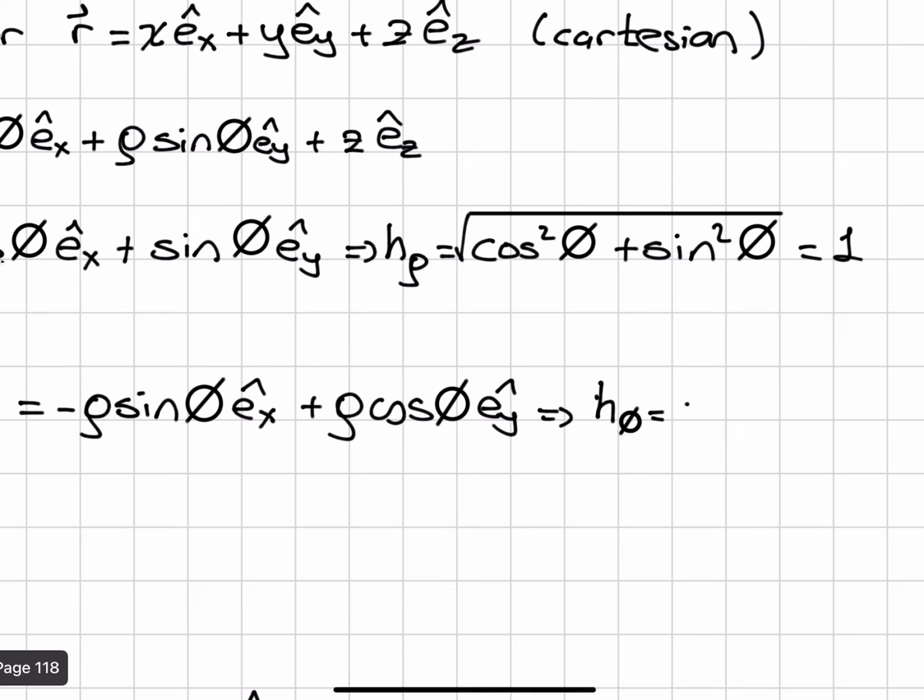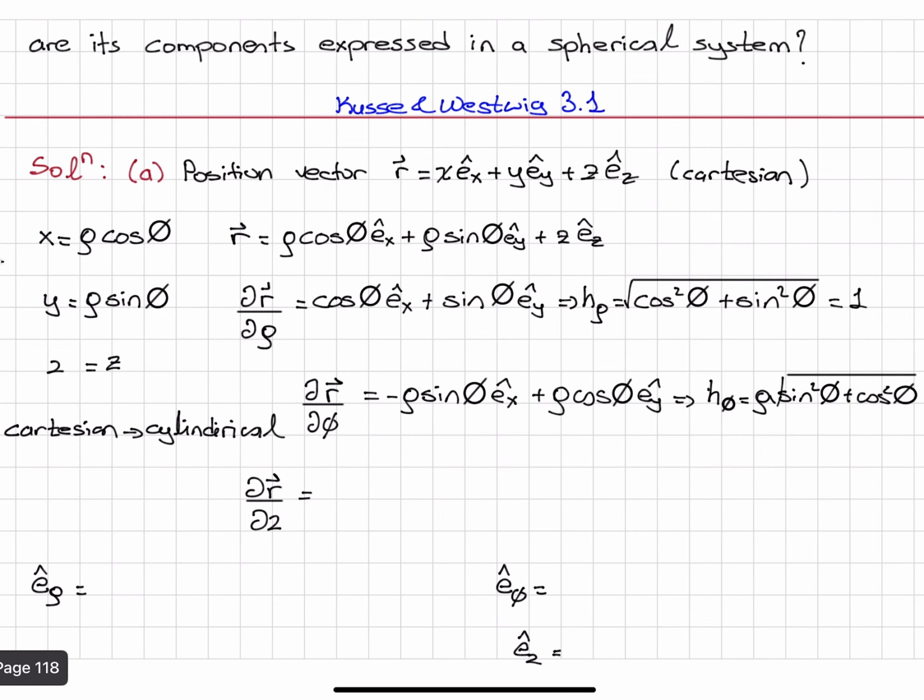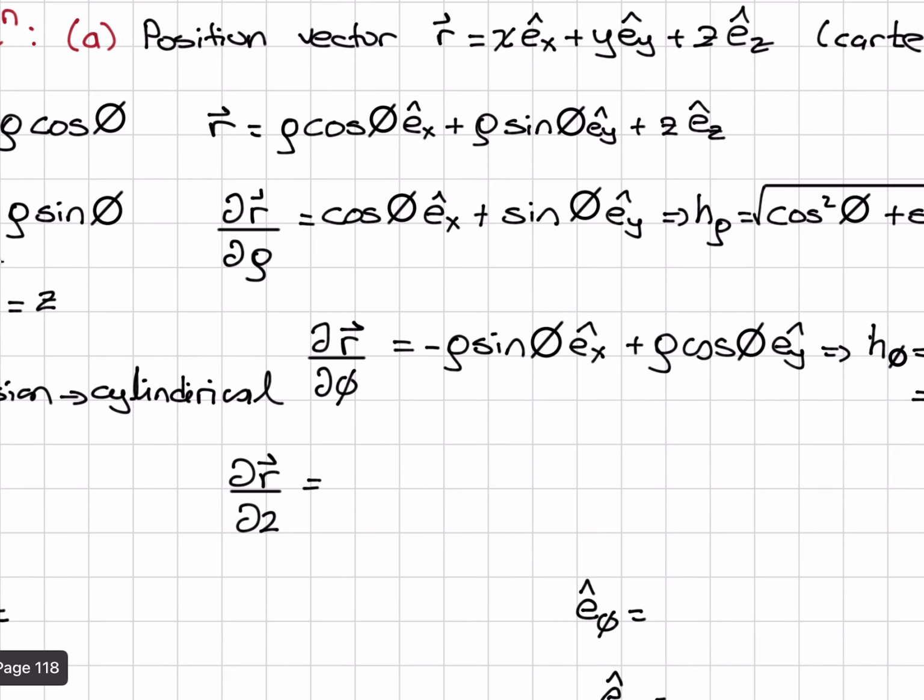That is rho times the square root of sine square phi plus cosine square phi, which is again 1. So this scale factor turns out to be equal to rho. And for the z part, if I take a derivative with respect to z, I will just get ez hat, which means the scale factor hz is equal to 1.